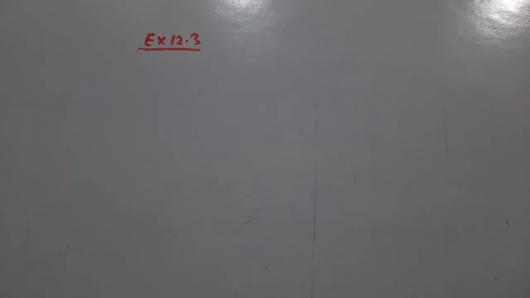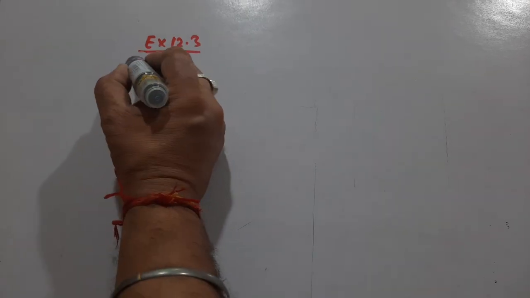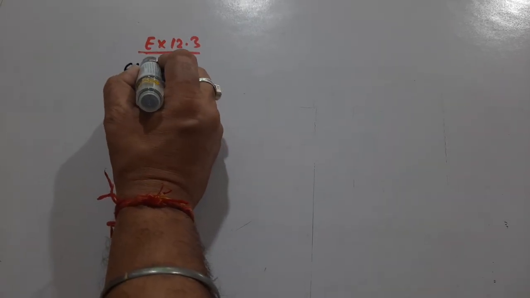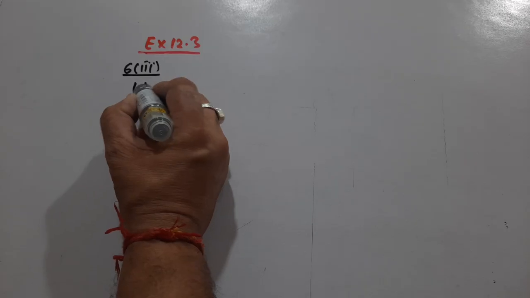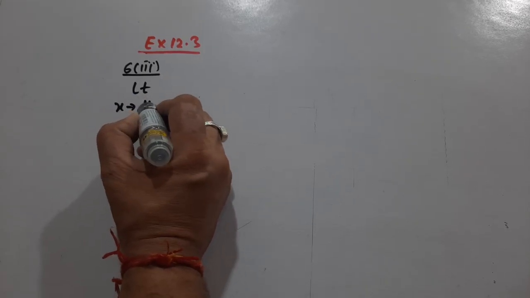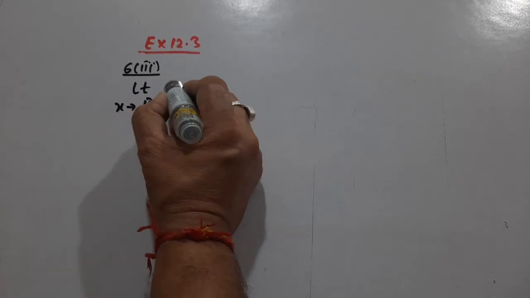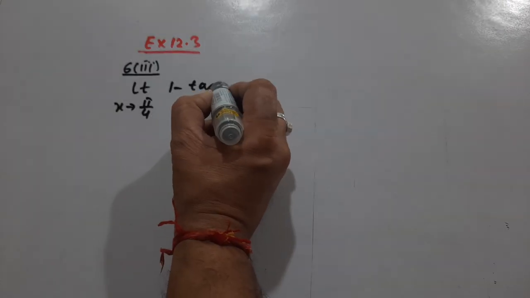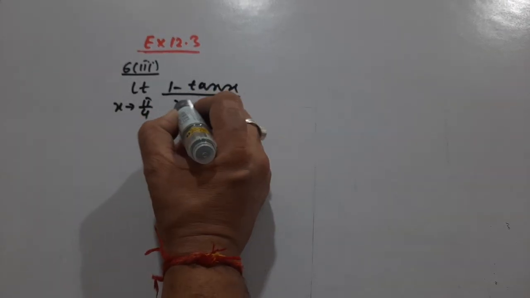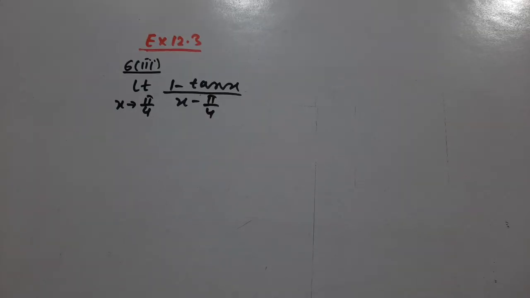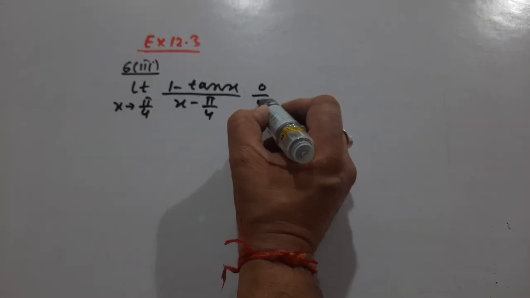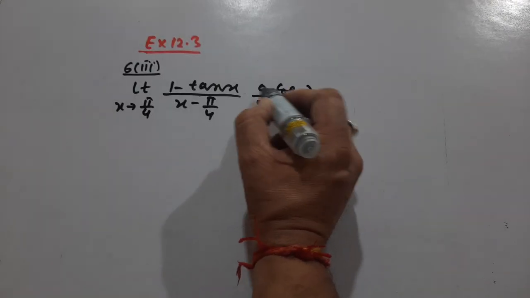Now students, let us do the third part, sixth question, third part. Now the question is limit x tends to pi by 4 of 1 minus tangent x upon x minus pi by 4. Now if I put the limit, then I get 0 upon 0 form.